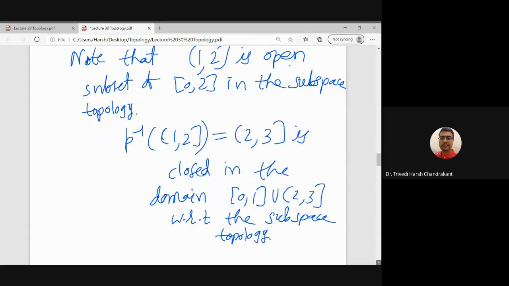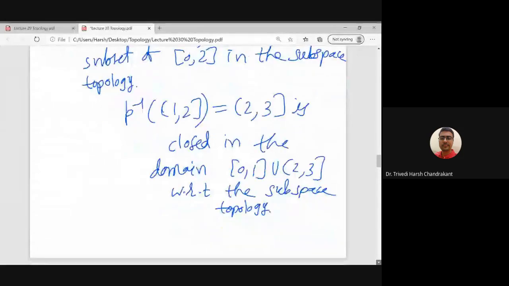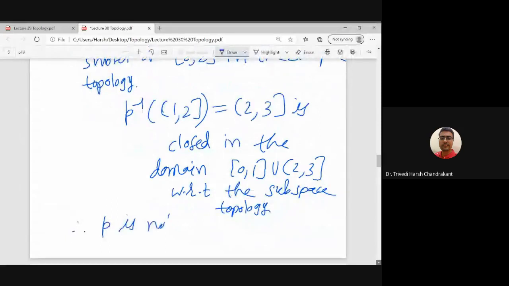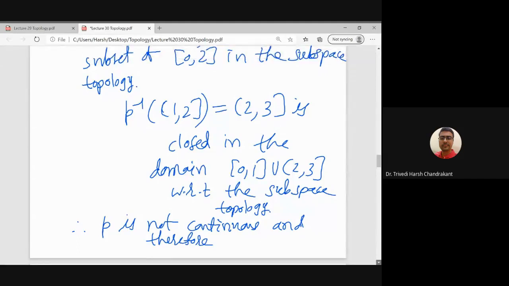So actually this function is not continuous, and we have already seen that a function that is not continuous is not a quotient map, because every quotient map is by definition continuous. Therefore p is not continuous, and therefore p is not a quotient map.